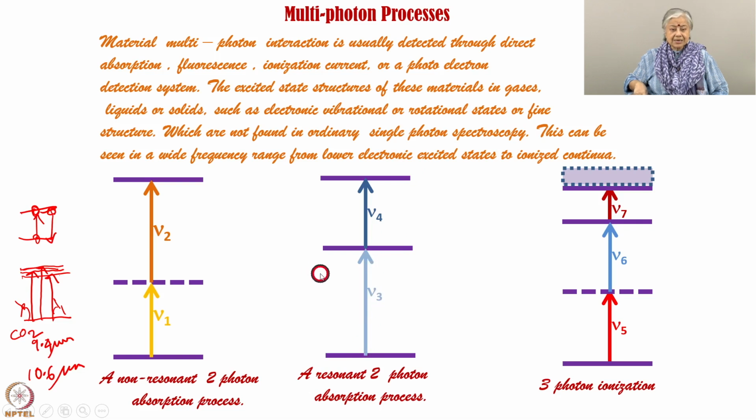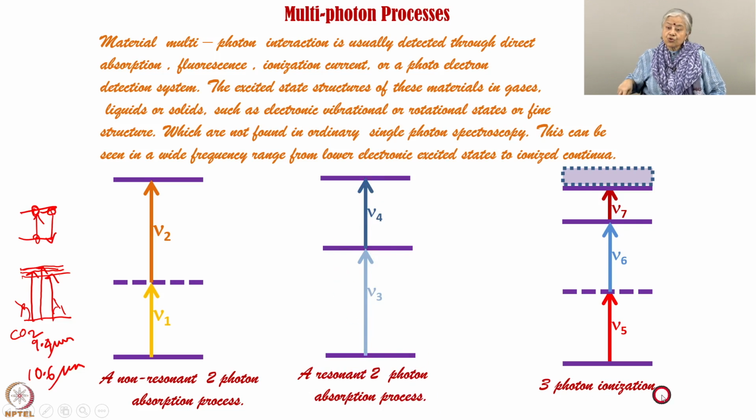You can say it in terms of lambda also, but I am just talking in terms of frequency. So, you know frequency and lambda are inversely proportional to each other. So, I need one photon which will take the system to this excited level, then I need another photon, of a different frequency, to take it to this level. And since these are real eigenstates, it is called resonant two photon absorption. Okay. That means the laser light is resonant with this energy gap.